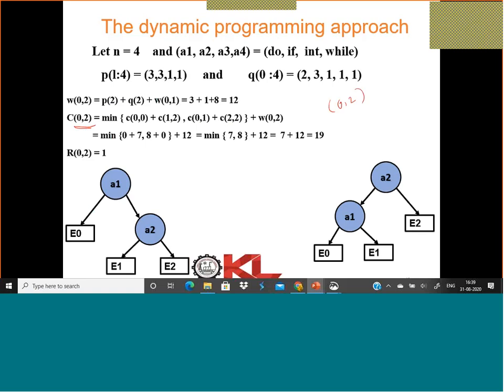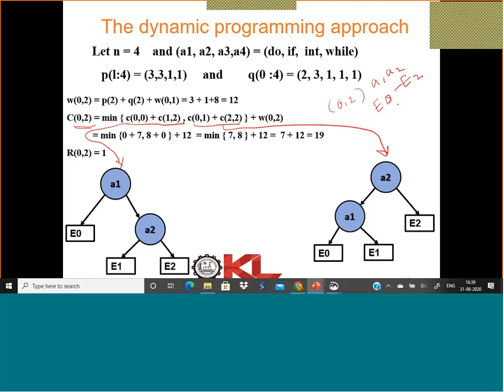It contains A1 and A2 as the key nodes and E0 to E2, 3 virtual nodes. By using these two nodes, I can construct two different trees. The first tree is this one, and the next tree is this one.